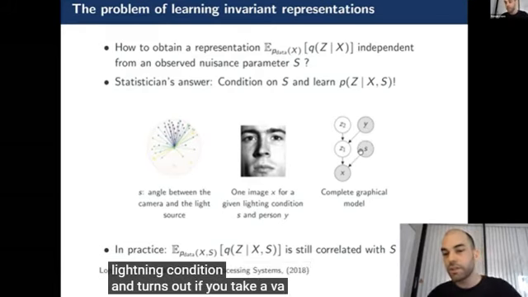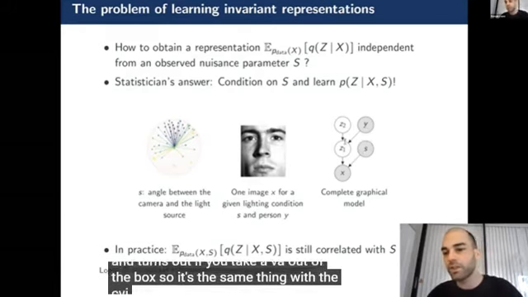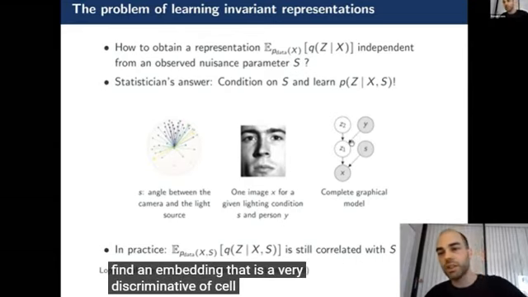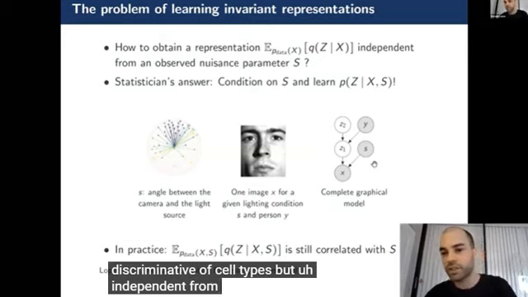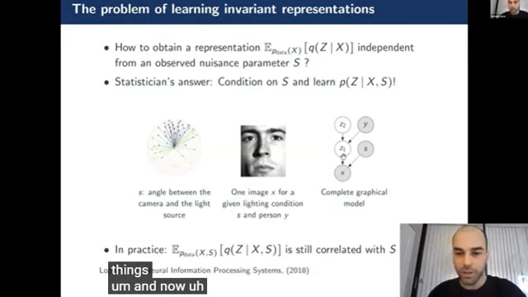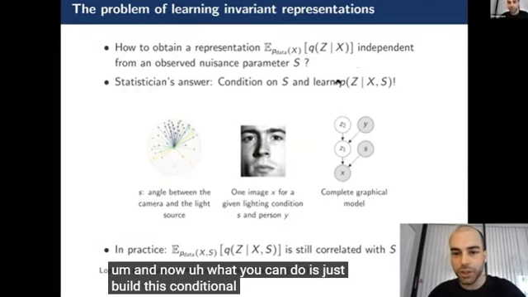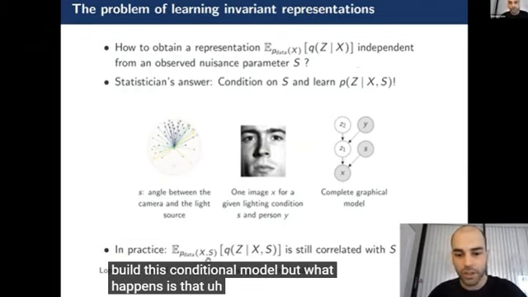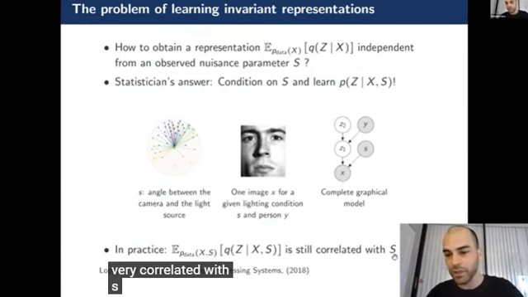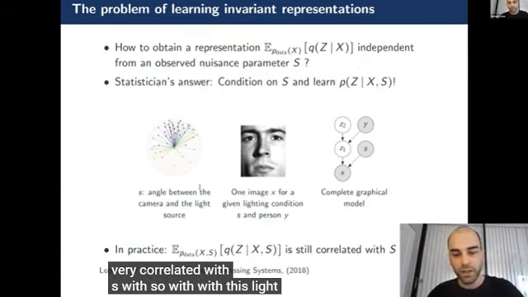And it turns out if you take a VAE out of the box, it's the same thing as with scVI, right? You'd like to find an embedding that is very discriminative of cell types, but independent from cell cycle or other things. Now what you can do is just build this conditional model, but what happens is that the embeddings you get are still very correlated with S, with this light.